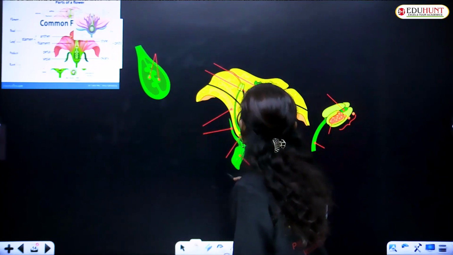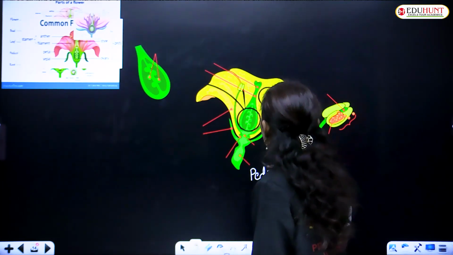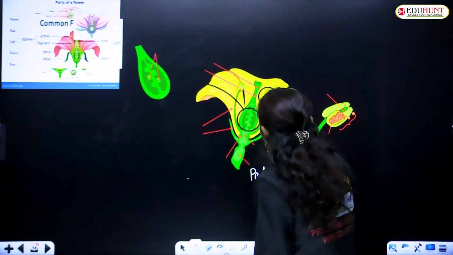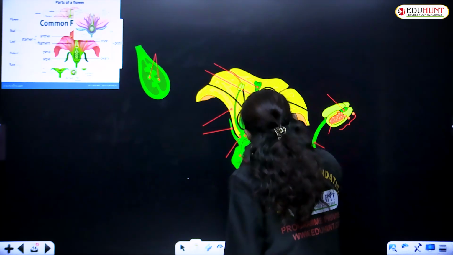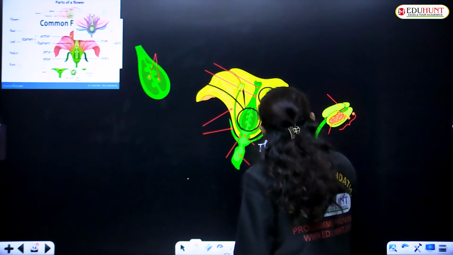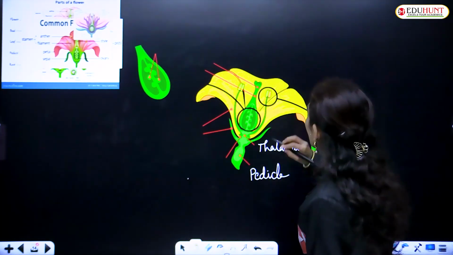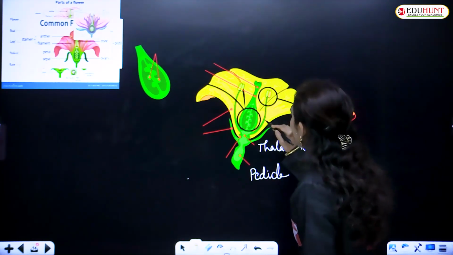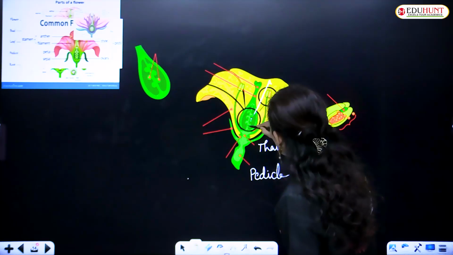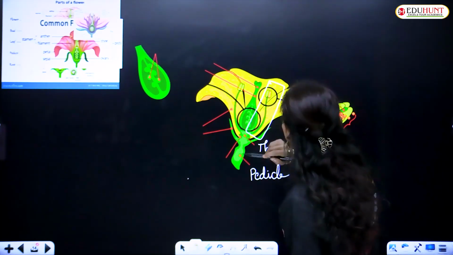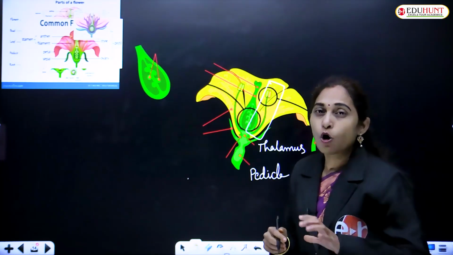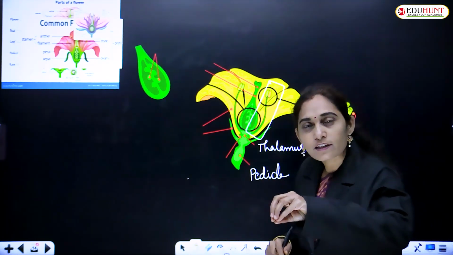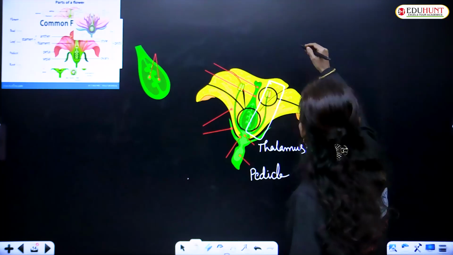It is the thalamus, and this is the stamen. So all the stamens of the flower together we call the androecium.